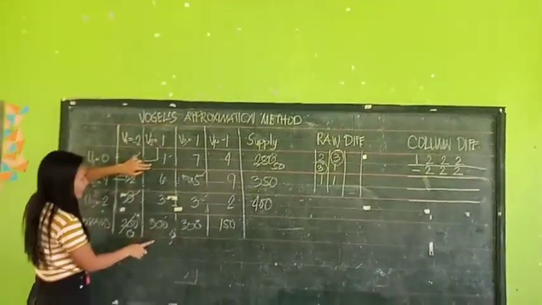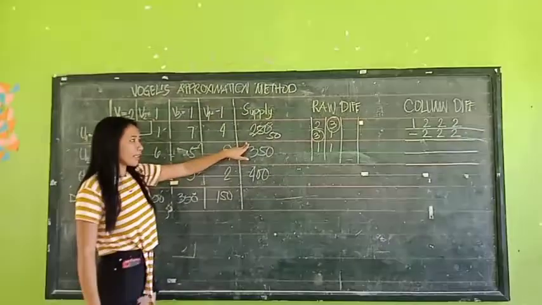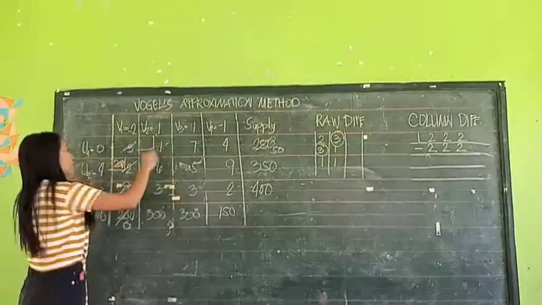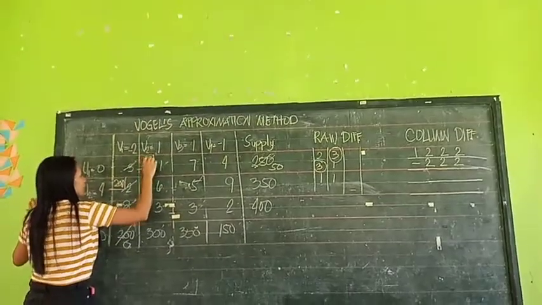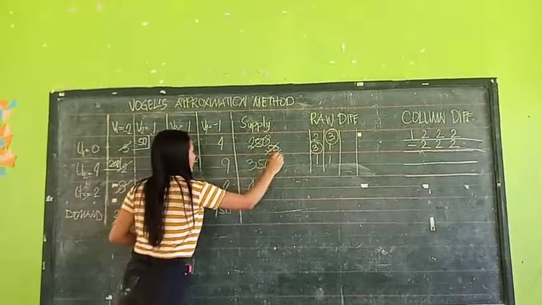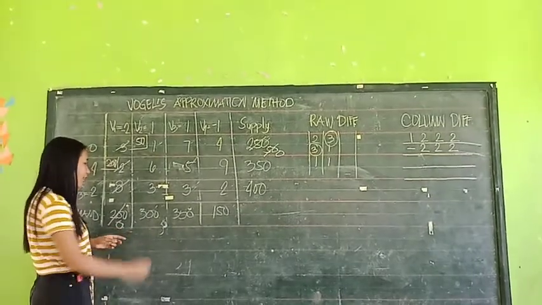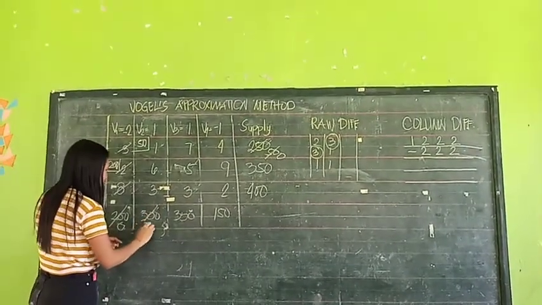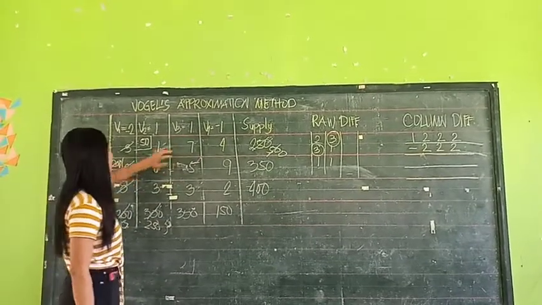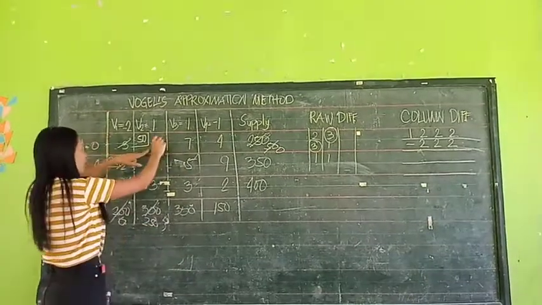Since the demand is 300 and our supply is less than our demand, we put 50 as our allocated, and 50 will become 0. 300 minus 50 becomes 250. Since they are both satisfied in this column, we now cancel.